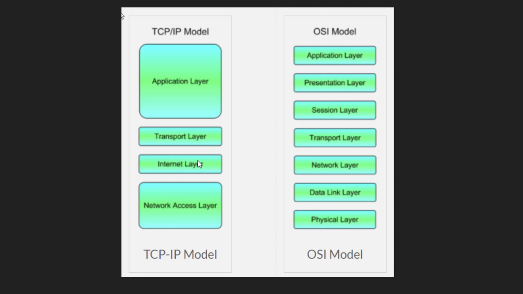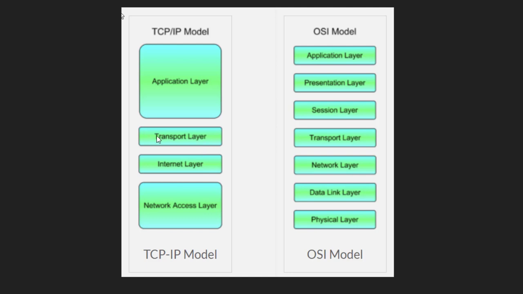Now layer 2, which is the internet layer, corresponds to the network layer. The internet protocol uses the IP address, consisting of a network identifier and host identifier, to determine the address of the device it is communicating with. So that is for the internet layer.